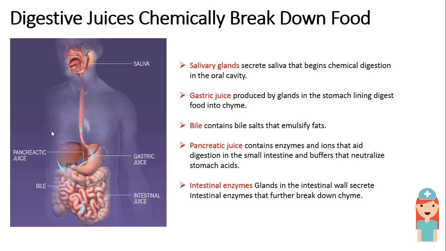Pancreatic juice contains enzymes and ions that aid digestion in the small intestine, and buffers that neutralize stomach acid. The last one is intestinal enzymes. Glands in the intestinal wall secrete intestinal enzymes that further break down chyme. These are the digestive juices that are produced by the GI system.